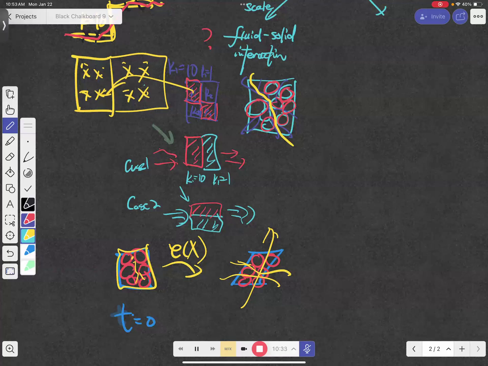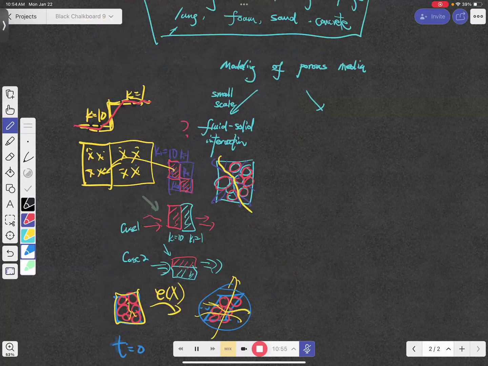Another way is to model the liquid as some kind of imaginary particles and then allow the particles to move, and then I get a rough idea where the water is going. The first one is called the level set method. The other one is called the material point method. Does that make sense?